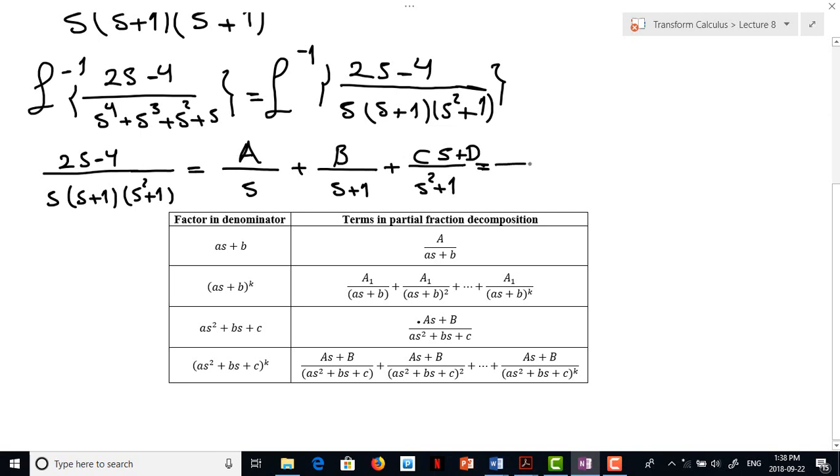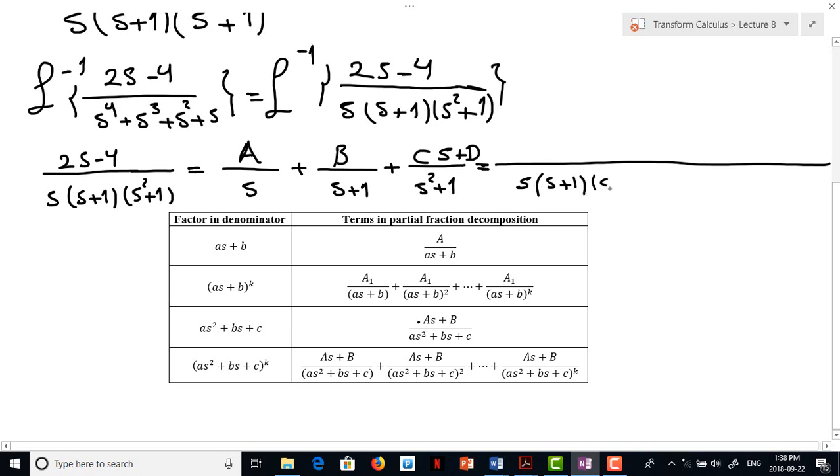So what we have to do is add these three terms: A over s plus B over s plus 1 plus (Cs plus D) over (s squared plus 1). In the denominator we have s times (s plus 1) times (s squared plus 1).